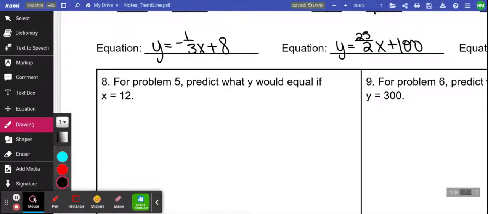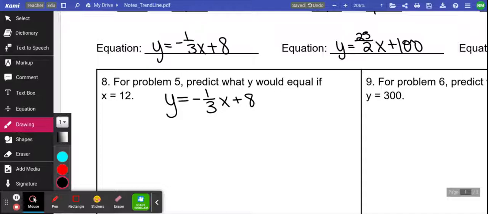So for number 8, we're on problem 5. This was our equation for problem 5. Let's use that equation to help us predict. So I want you to write y equals negative 1/3 x plus 8. That was your equation for problem number 5, right? And then it says, what would y equal if x is 12?